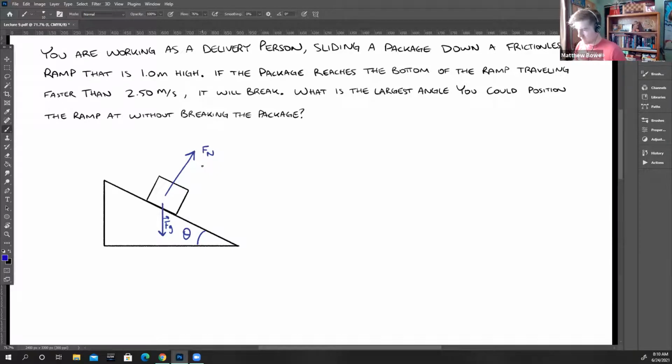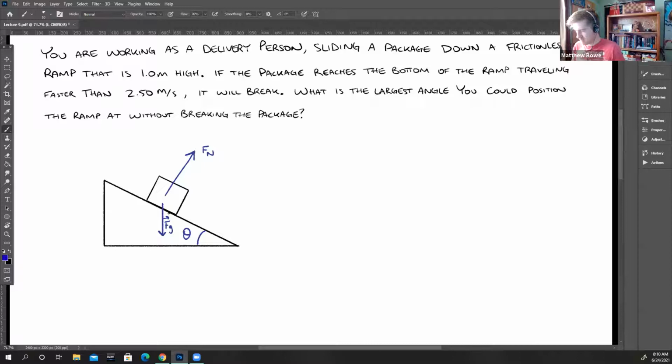All right. Now here's our choice. We could either find the x and y components of the normal force, or we could find the x and y components of the force due to gravity.